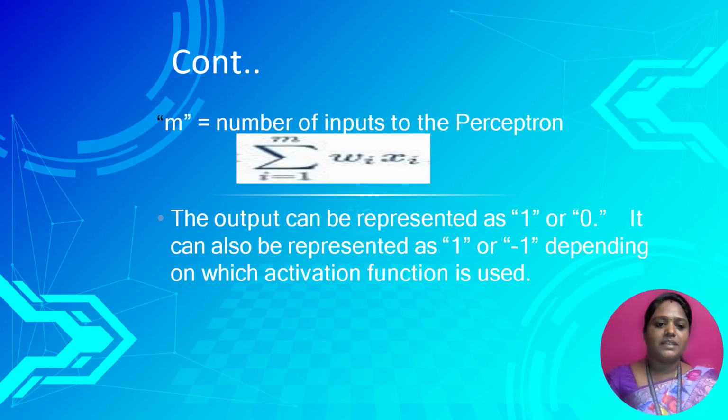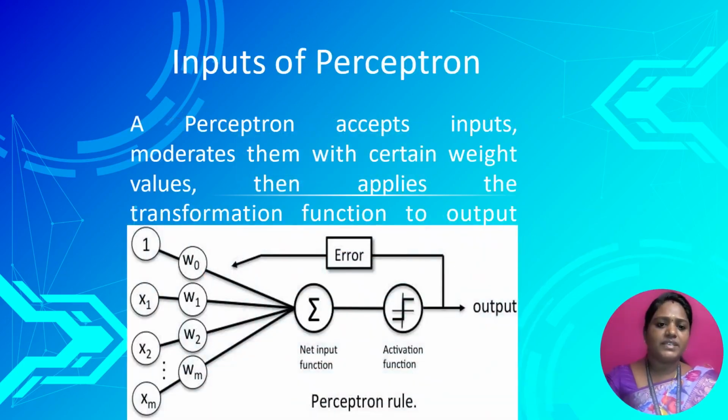Next we study the input of the perceptron. The perceptron accepts the inputs, modulates them with certain weight values, then applies a transformation function to produce the output data. This diagram shows x1, x2 as the input values, W0 to Wm as the weight values, and 1 as the bias.